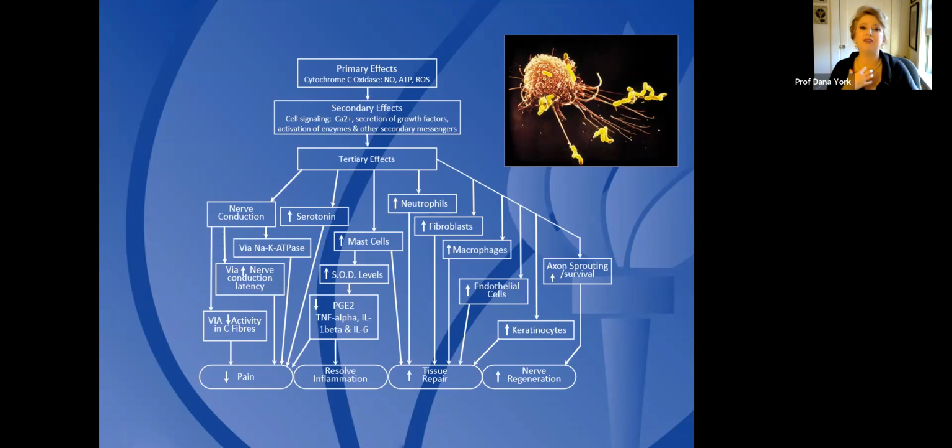Also, we get activated C fibers that cause analgesia, and C-reactive protein that resolves inflammation. And then we have neutrophils and macrophages, and all together they cause this tissue repair. Also, from this signaling in the cell and causing oxygen, we get axon nerve regeneration.